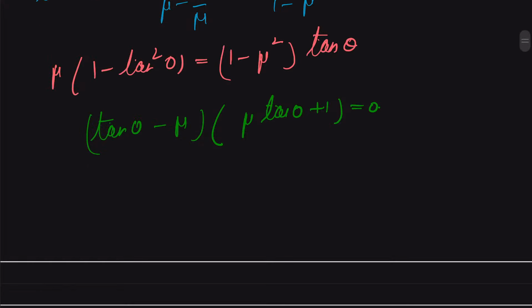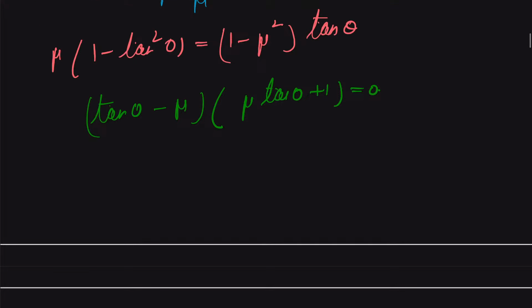And so one of the physically possible solutions will be this one, okay. So we can say that tan of theta is equal to mu. This gives us that the maximum, because we differentiate, so we can say theta max will be equal to tangent inverse of mu.